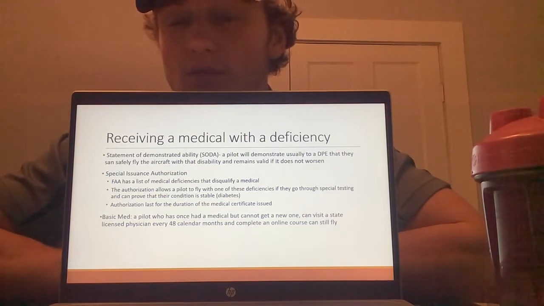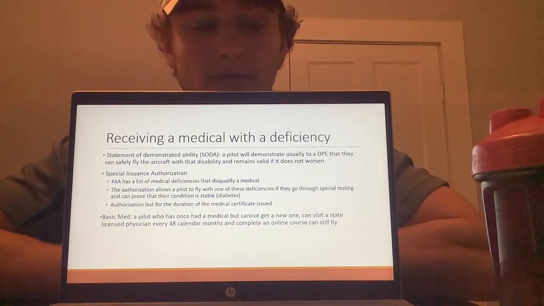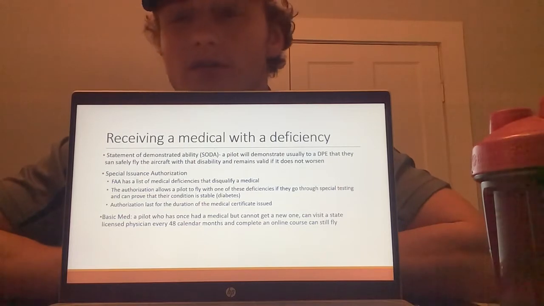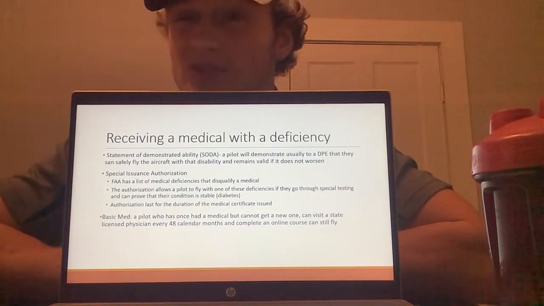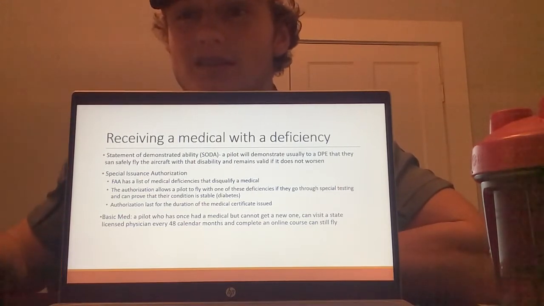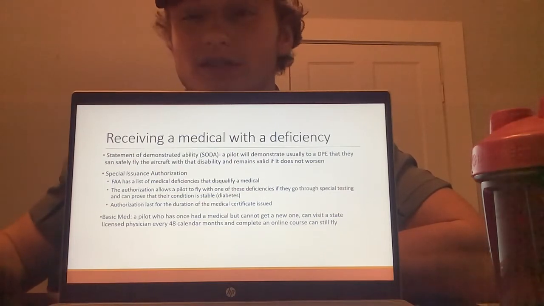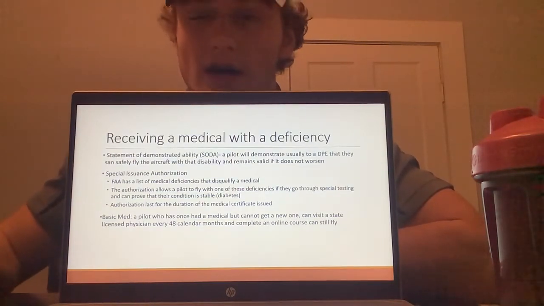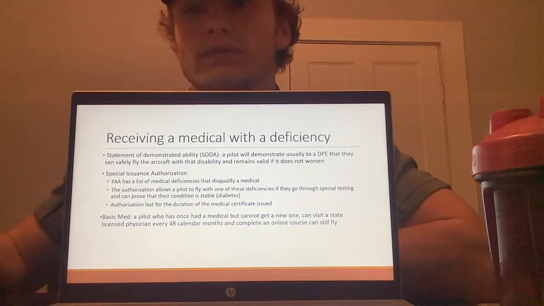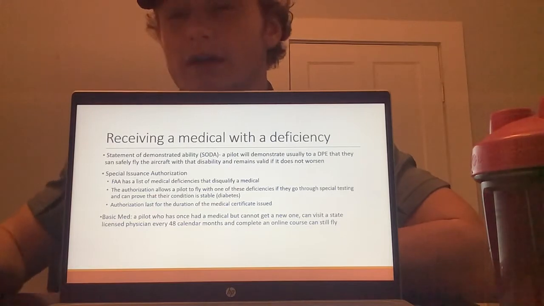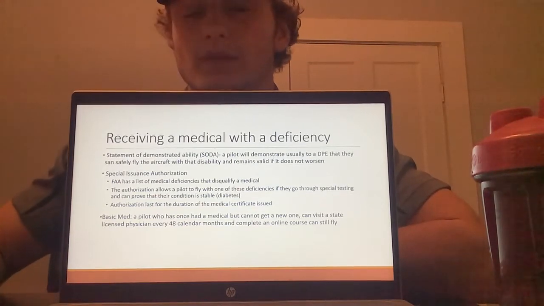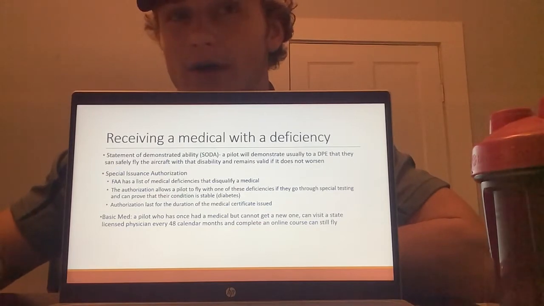He can go to his state licensed physician every 48 calendar months, and as long as the physician signs off saying that he's okay to fly with this deficiency, and he completes an online course, the pilot can still fly. However, when you're flying under BasicMed, the pilot also has certain limitations as well.